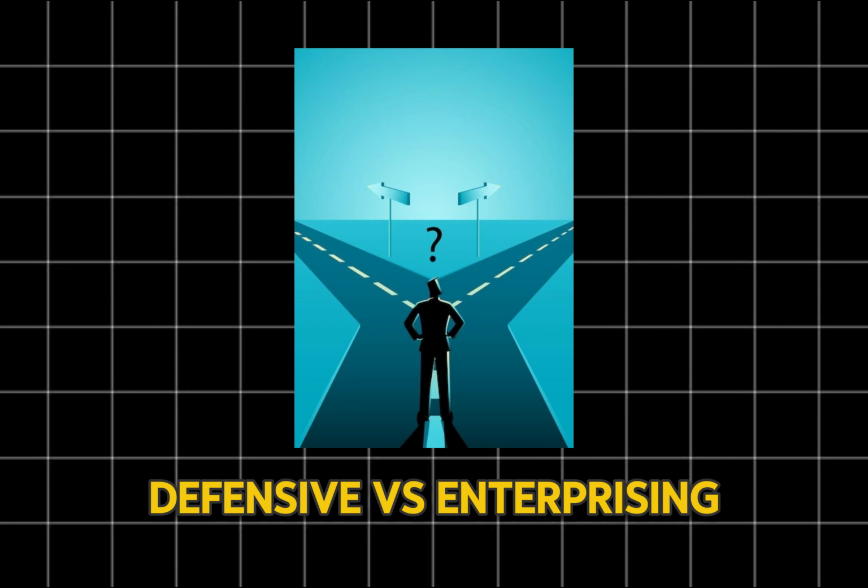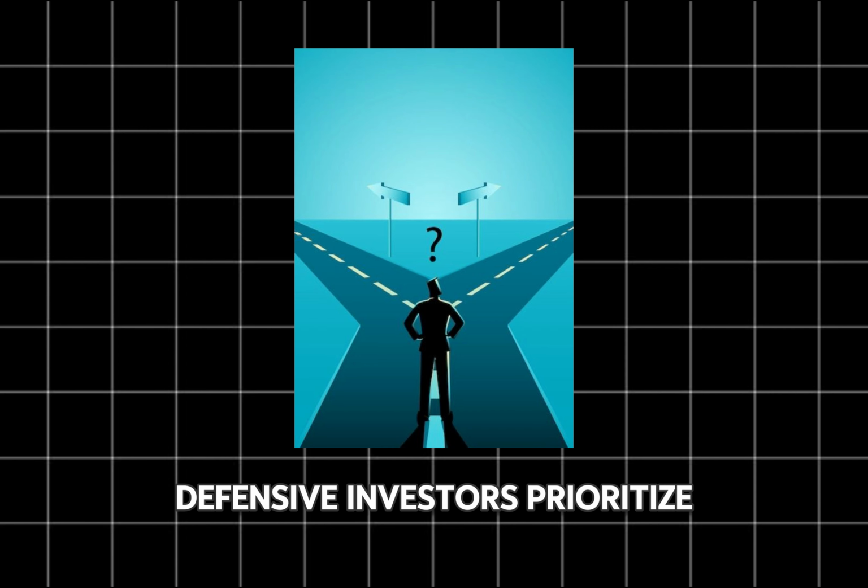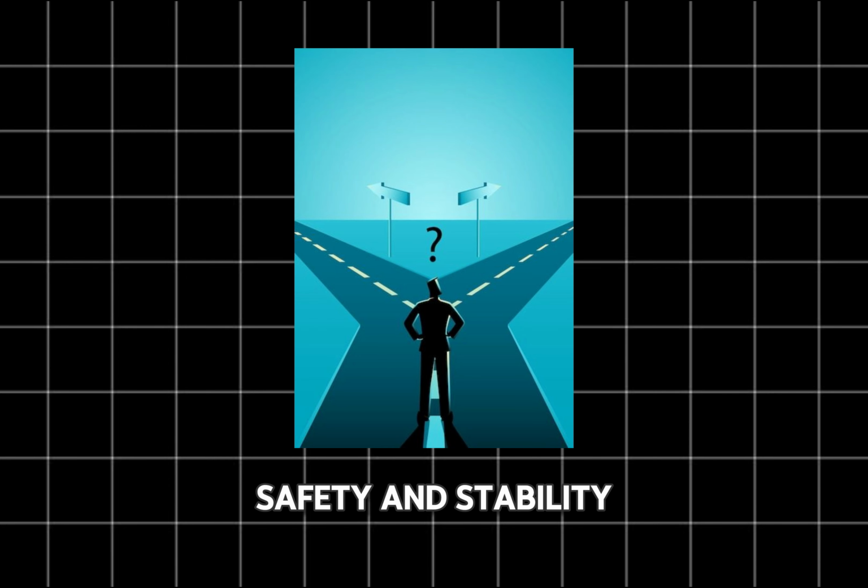Defensive versus enterprising investors. Graham categorizes investors into two types based on their risk tolerance and effort level. Defensive investors prioritize safety and stability. They prefer a passive approach by investing in diversified portfolios, blue-chip stocks, and index funds. Their focus is on minimizing risk rather than maximizing returns.